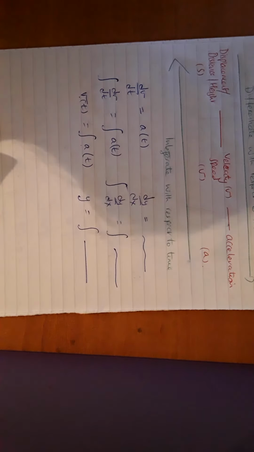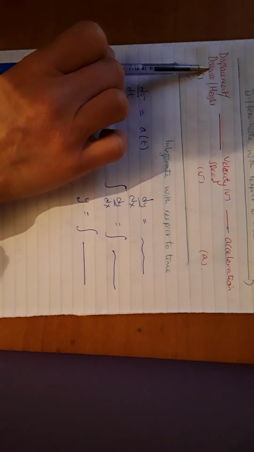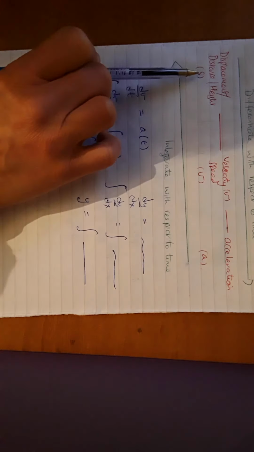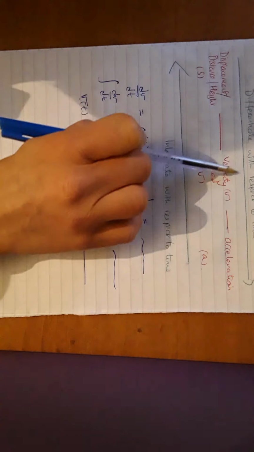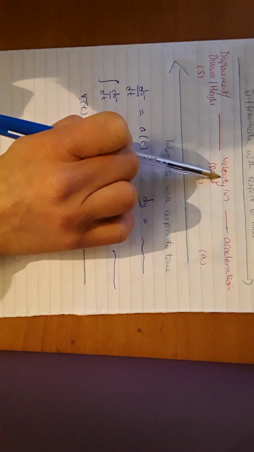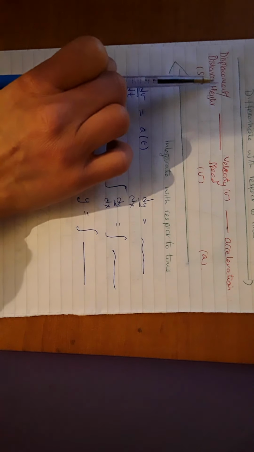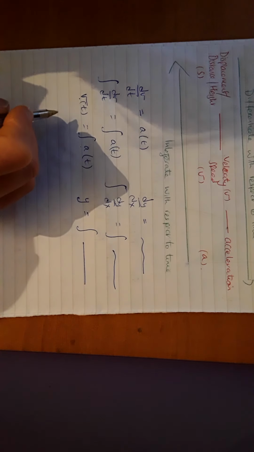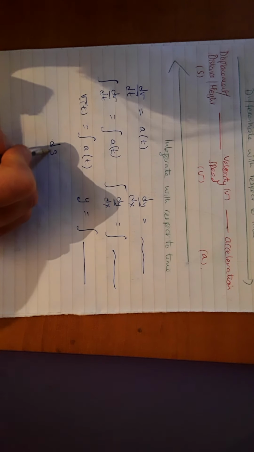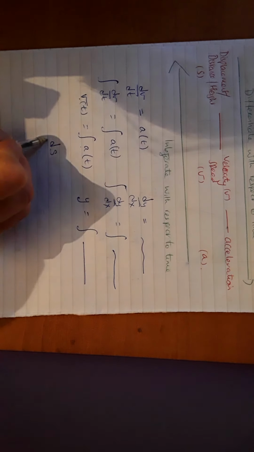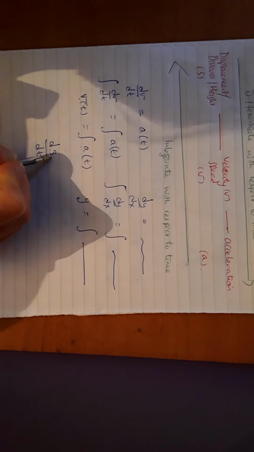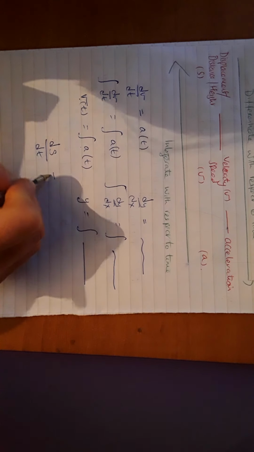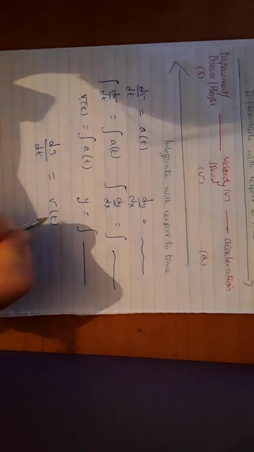Same here. What's the relationship between distance and velocity? When you differentiate the distance, you get the velocity. When you integrate velocity, you get distance. The distance is s, so when I differentiate s with respect to time, that gives me the velocity.